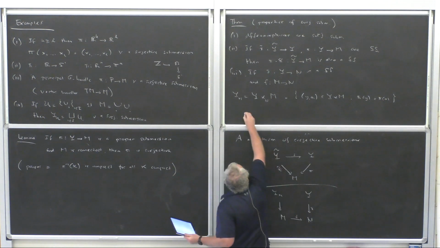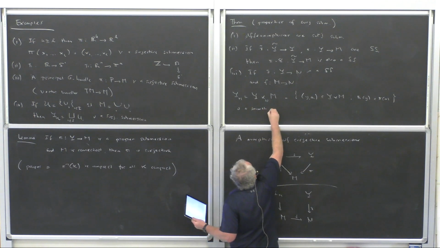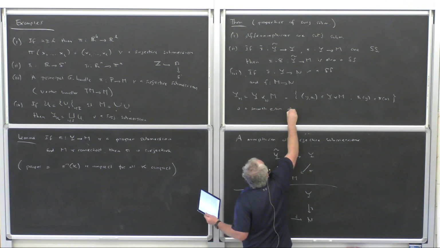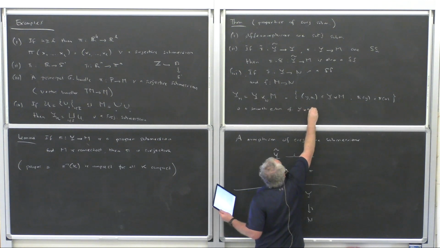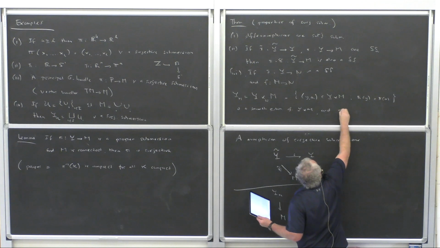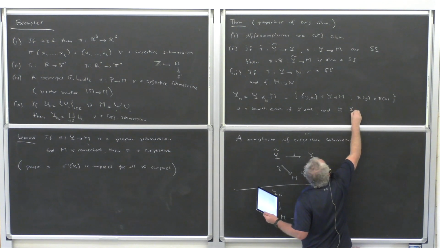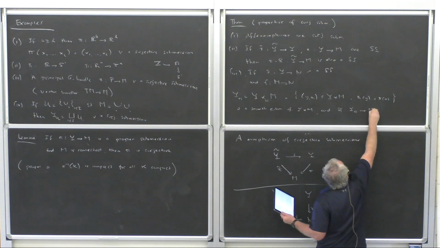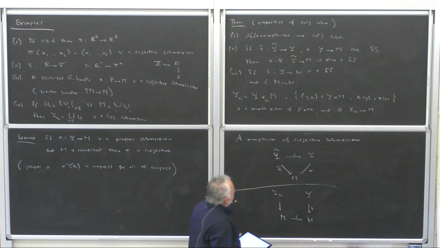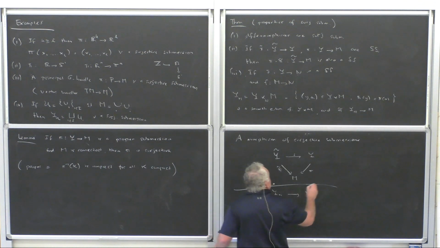Okay, so this is a smooth submanifold of Y cross M, and the natural projection, called pi tilde, of YM to M, so just projecting on the second factor, is a surjective submersion.